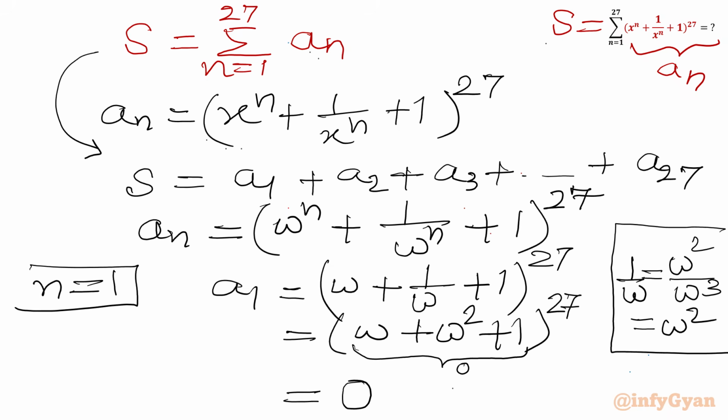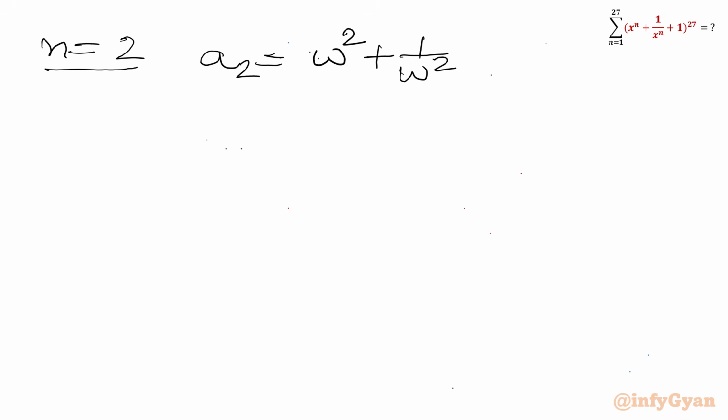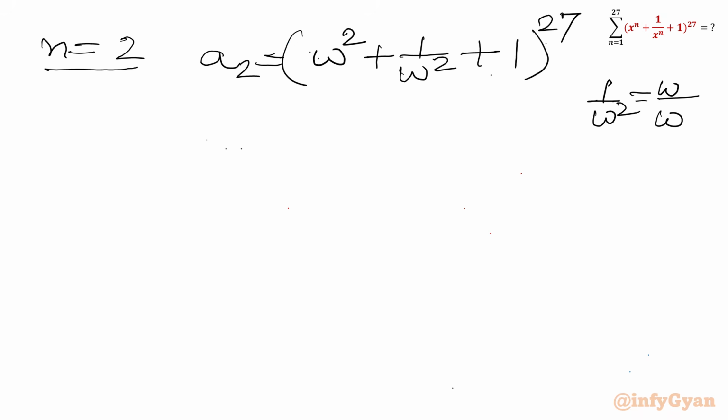Now we will plug in n equal to 2. So I will write a2 would be (omega square plus 1 over omega square plus 1) whole power 27. Now we know that 1 over omega square can be written as omega over omega cube.